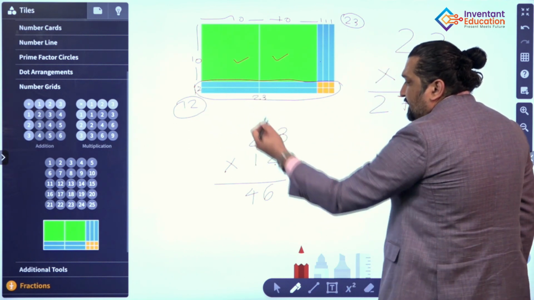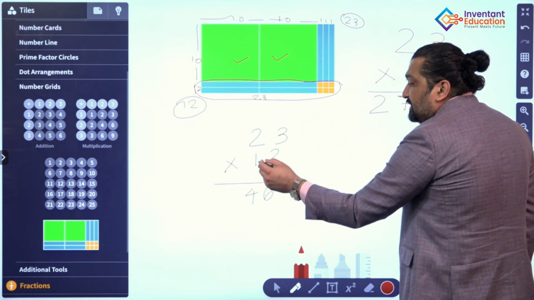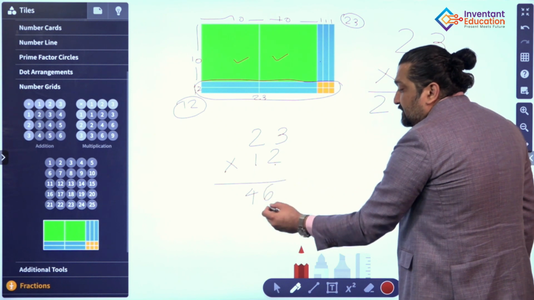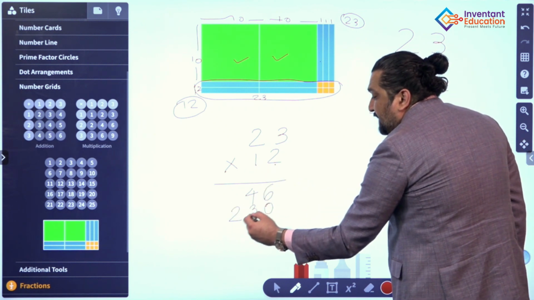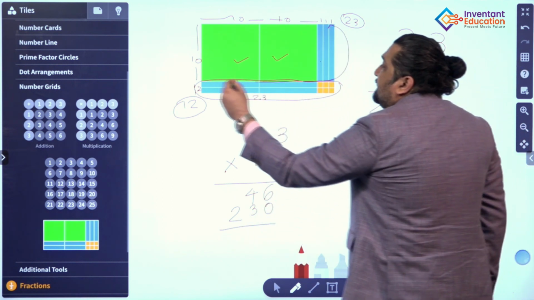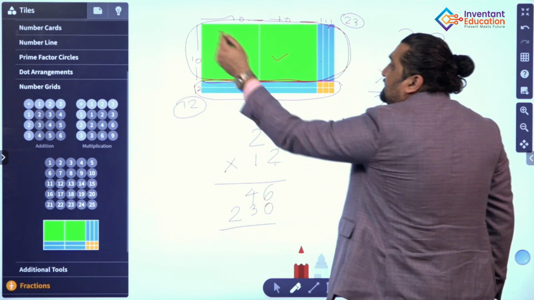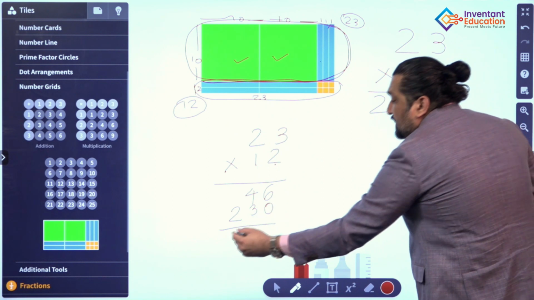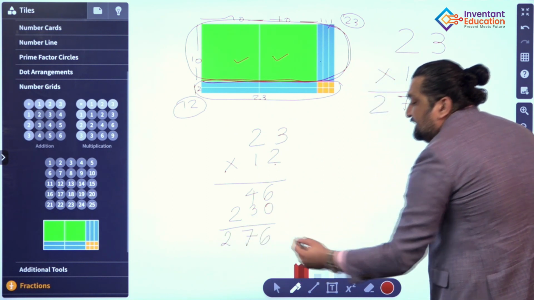Now in another part we will multiply 23 by 1, but no, this is not 1, this is 10. So for that we have to put a 0 here and multiply 23 by 1. So this 230 is my this part. This 230 is here, and that's why the addition of these two is 276.